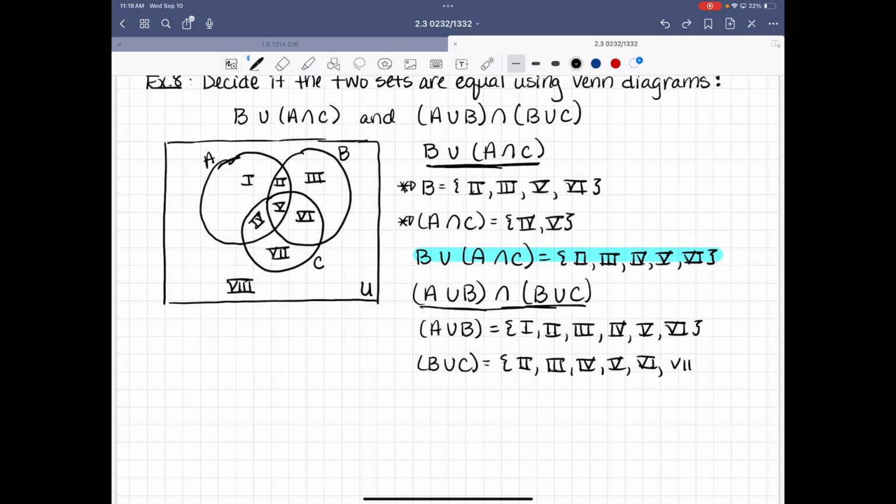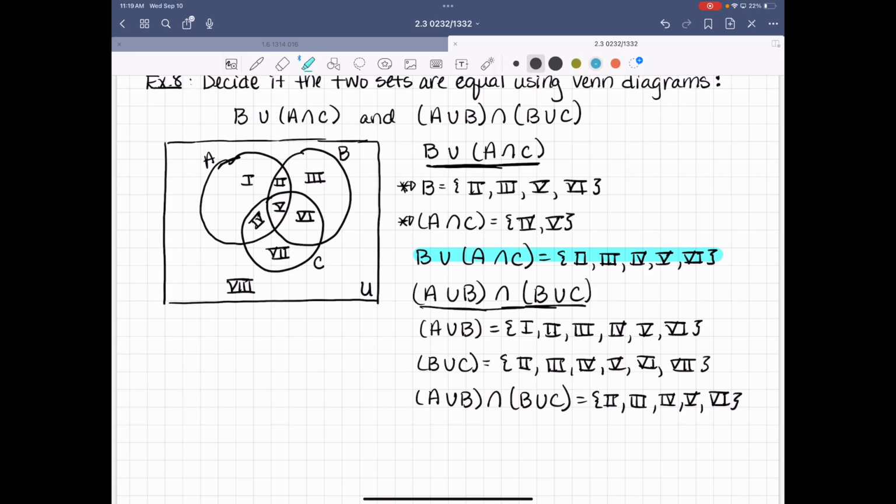And now you want their intersection, right? A union B, intersection B union C. Who do they have in common? 2, 3, 4, 5, 6. Good.